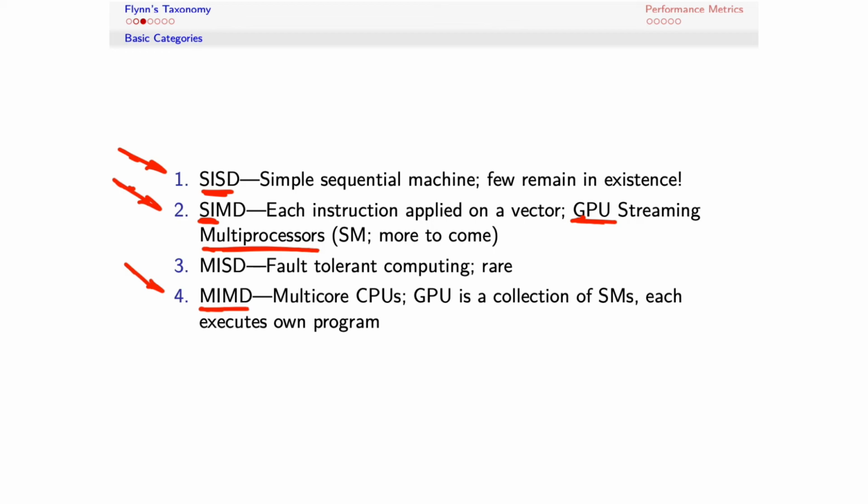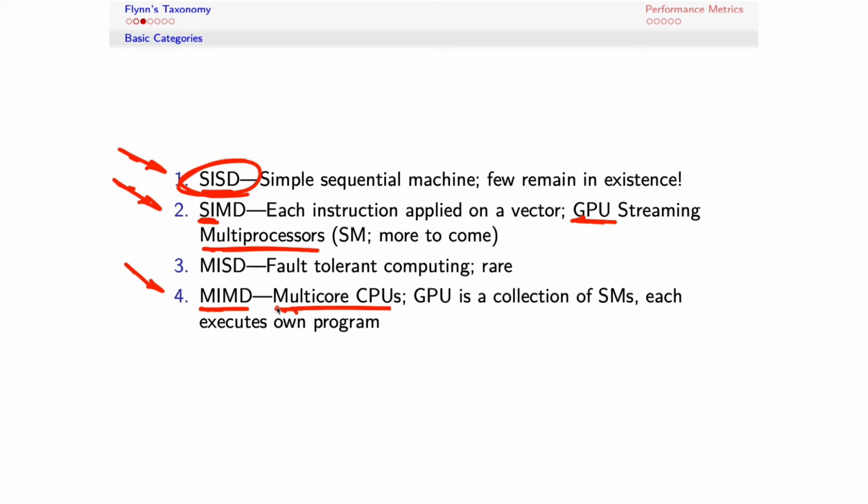A good common example of a MIMD machine would just be a typical multi-core CPU. Although if we only think about one core at a time, we're sort of back in the SISD realm. In reality, we have multi-core CPUs, and each of the cores is itself a full-on processor, right, with caching and control circuitry and branching and branch prediction and all that kind of stuff going on in each of the cores.